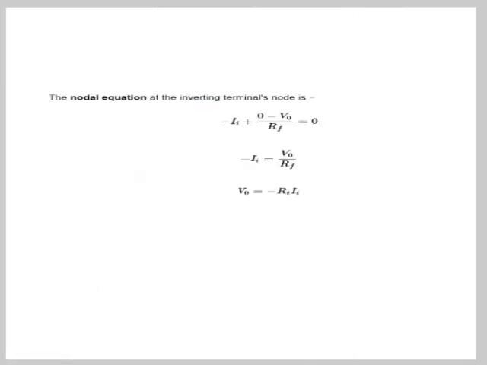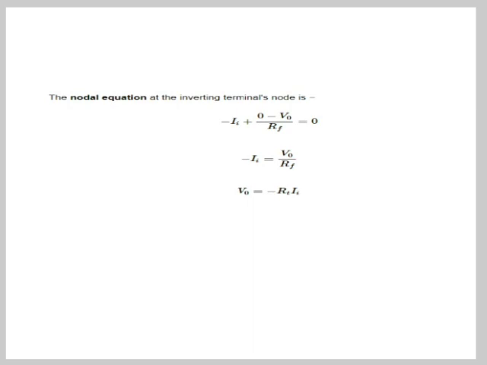Now the nodal equation at the inverting terminal's node is minus Ii plus (0 minus V0) by Rf equal to 0. So minus Ii is equal to V0 by Rf, and V0 is equal to minus Rf into Ii. Now this output voltage V0 of the current to voltage converter is the product of feedback resistance Rf and input current Ii.